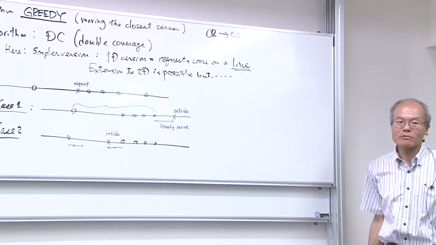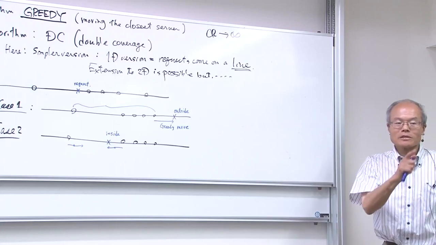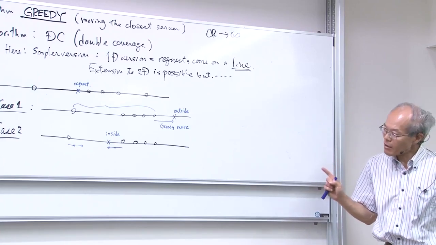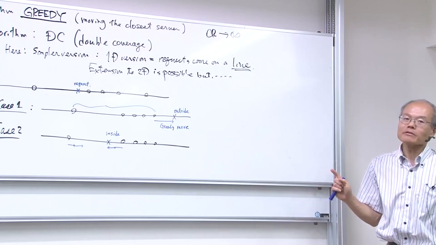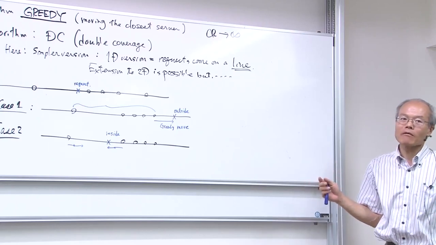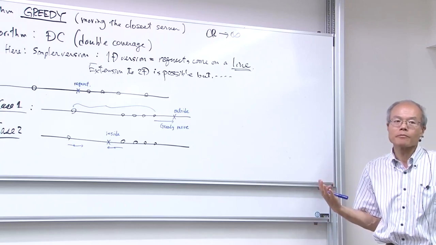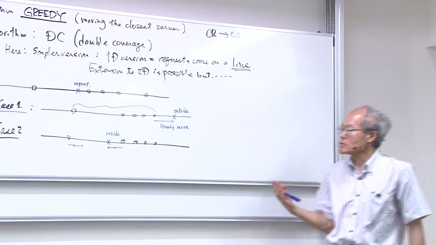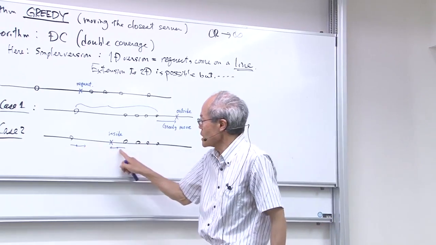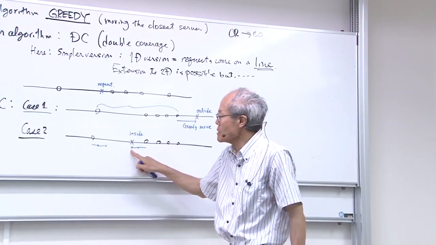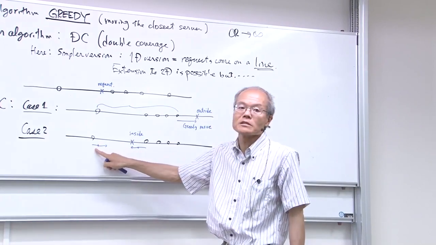Well, it's against the rule. Usually, we can move only one server at one time. Well, maybe we can remove that rule, or even if we stay on the rule, it is possible. Because we don't have to move this guy, because this guy comes first to the requested point, then actually we don't have to move this guy.